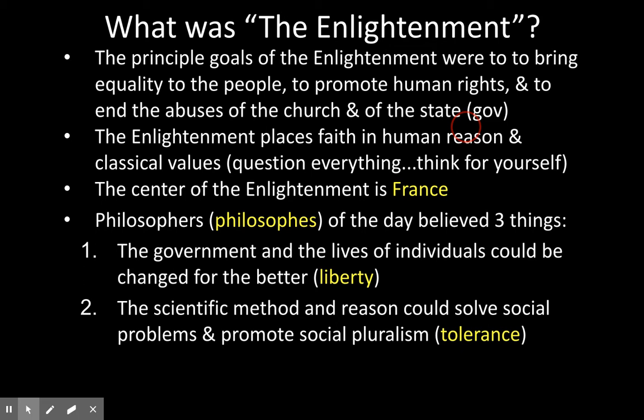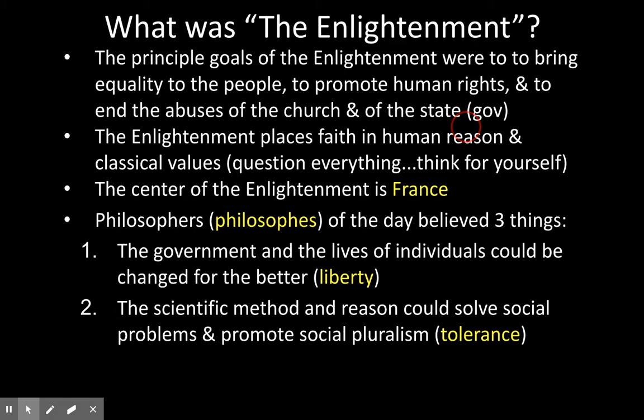Number two, the scientific method and reason could solve social problems and promote social pluralism, aka tolerance. And I'm trying to put some keywords in here to help you understand some of the key ideas of the Enlightenment. Remember that the 1600s is what we call this scientific revolution.